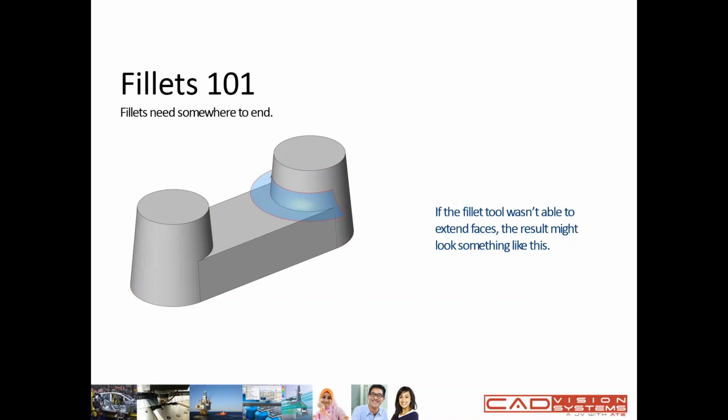Same for this another example, if you wish to make a fillet in this way, the blue color region. If the fillet is not able to extend the face, it will show something like this, which is invalid and unable to do that.